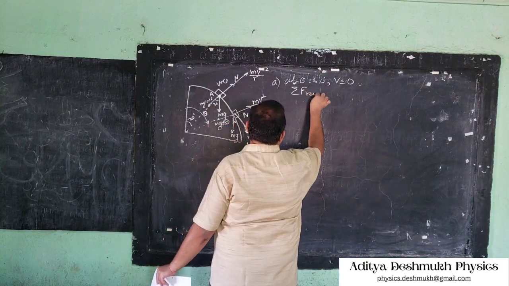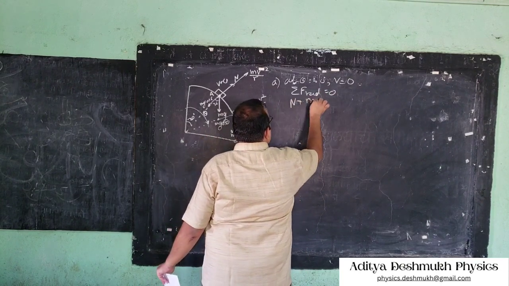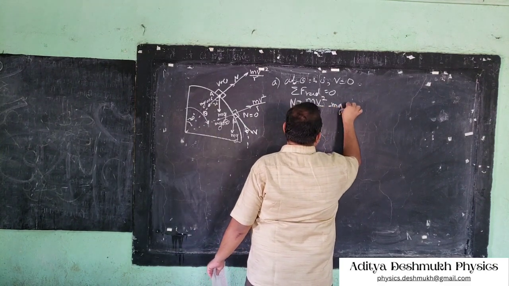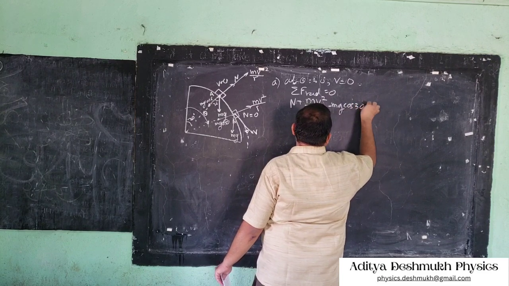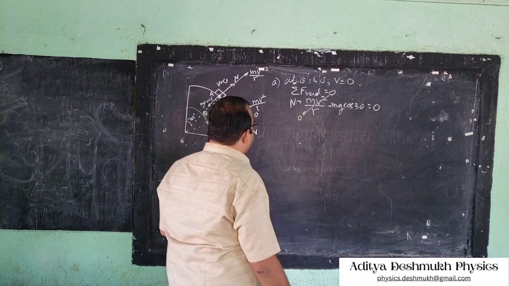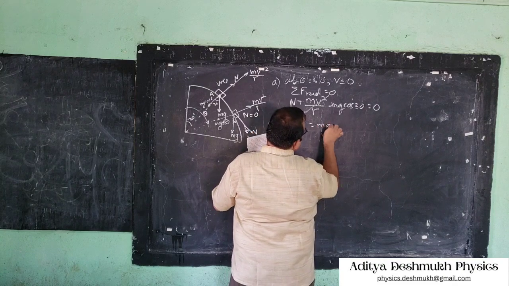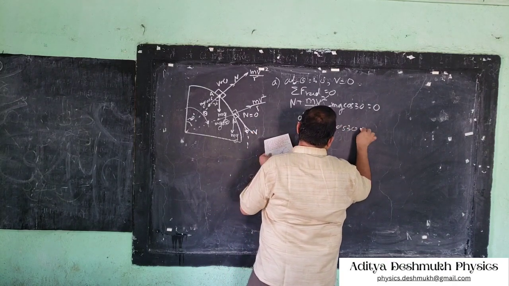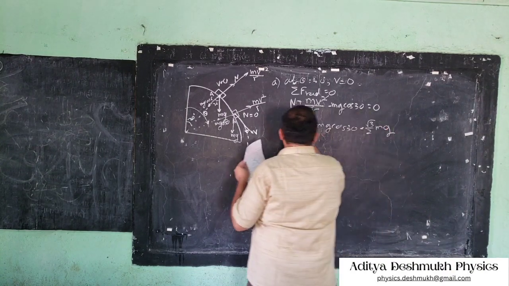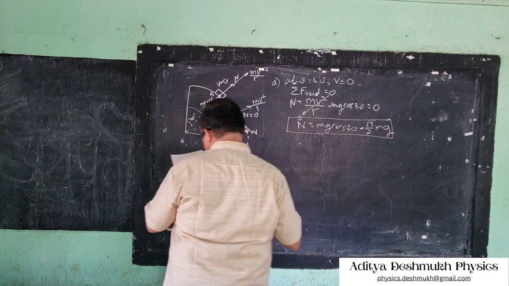Summation of F radial will be equal to 0. So n plus mv square by r minus mg cos 30 equal to 0. Here the v term will go to 0 because v is 0. So my n will be mg cos 30, which is equal to root 3 by 2 mg. So this will be the force exerted by the sphere on the block.